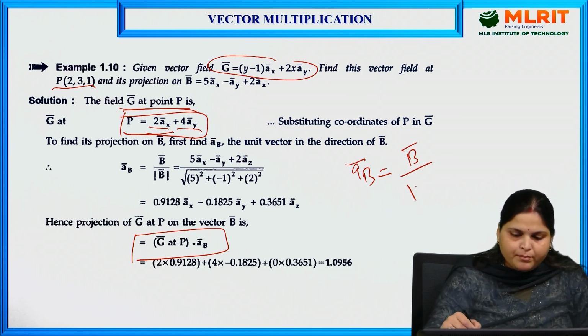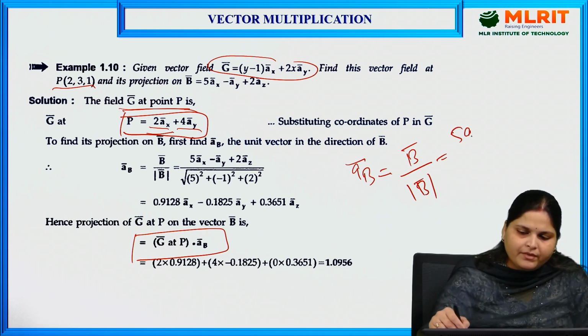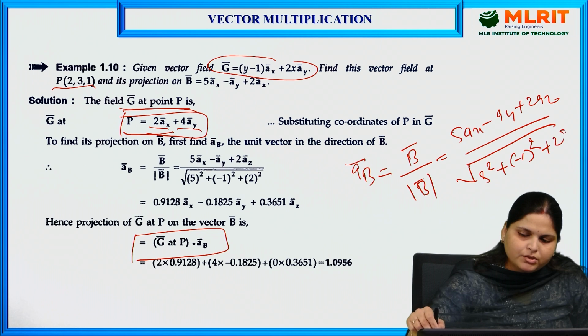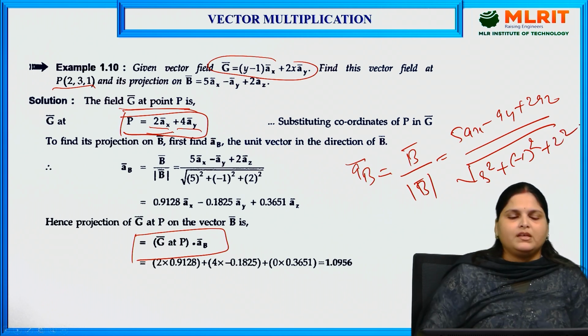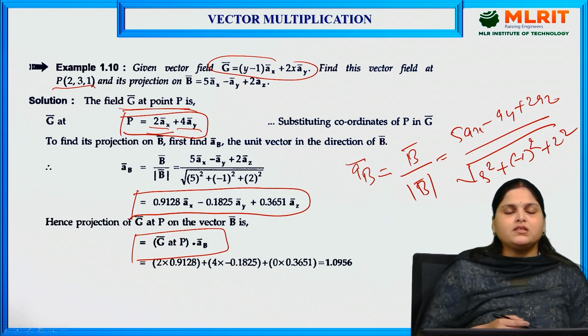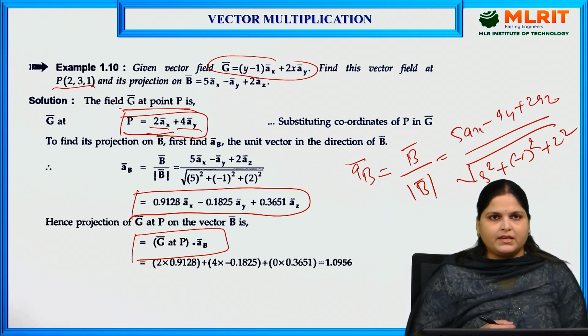It will be B upon mod B. So B is already given as 5ax - ay + 2az, and mod B we will calculate as root of 5 square plus (-1) square plus 2 square. We will get aB as 0.9128ax - 0.1825ay + 0.3651az.